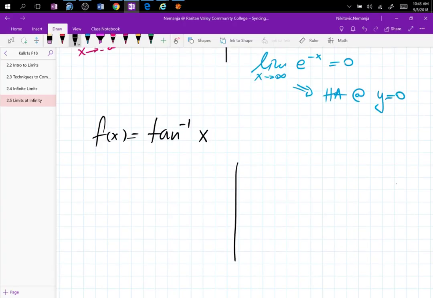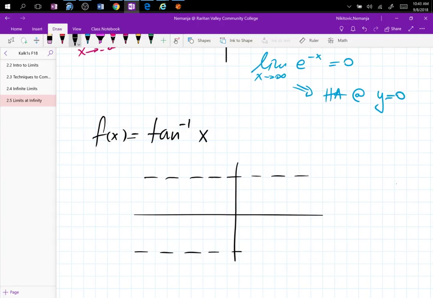So this function has horizontal asymptotes at negative pi over 2 and positive pi over 2.